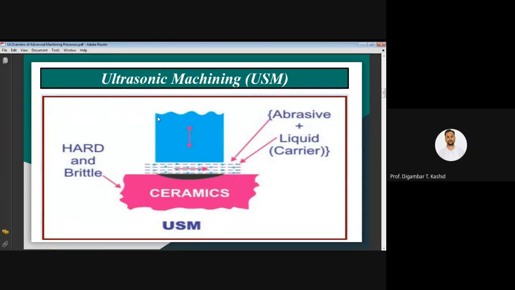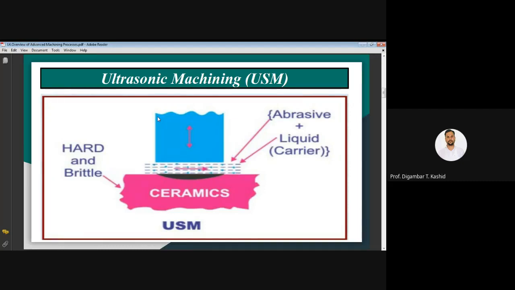That mechanical energy in the form of vibration is given to a medium, which is an abrasive slurry that we use in between your workpiece and the vibrating element. It is normally called the tool holder or the transducer. The transducer is used to convert electrical energy to vibration.